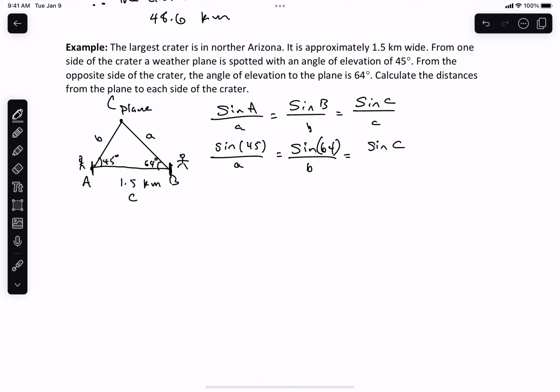What's the problem with this one though? You don't know angle C, but you could find it. We're not finding sine of C, we're finding angle C. Right, 180 minus 45 minus 64.